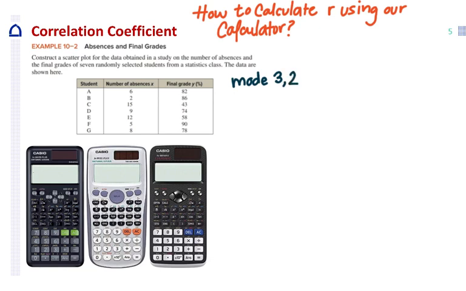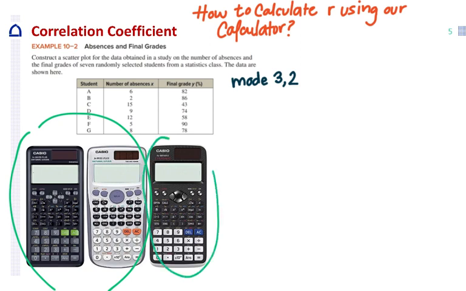In LO2, we press mode 3.2. That's for these two calculators right here. If you have this calculator, the white calculator, you just press menu 6.2. Okay, you press mode 3.2, and hopefully you will see X, Y, and you'll have the frequency column. If you don't have the frequency column, it's no problem. For LO2, we don't really need it.